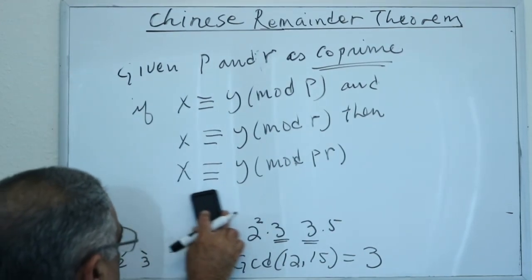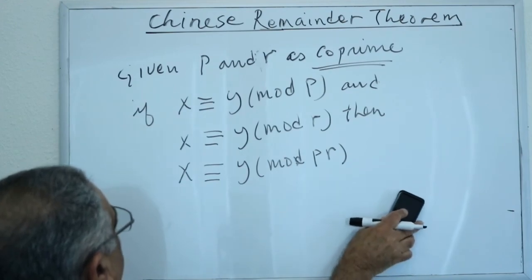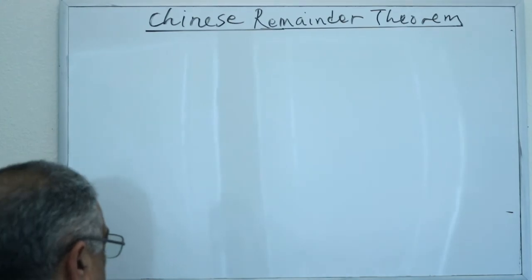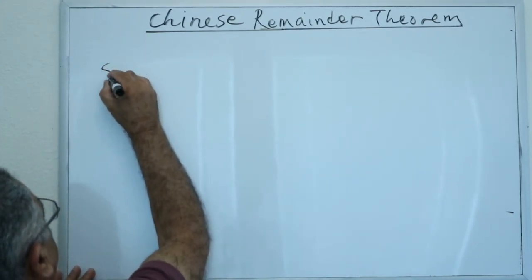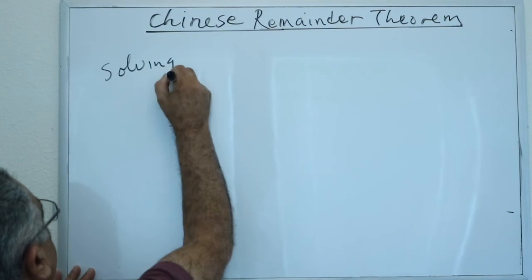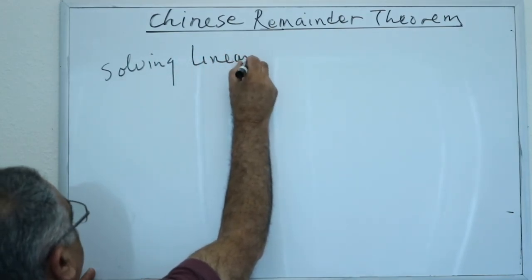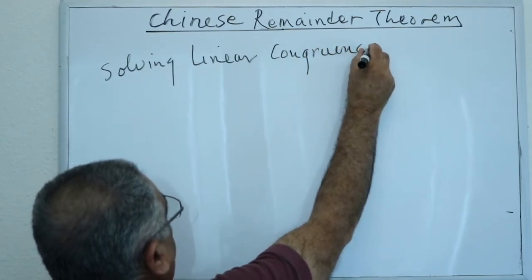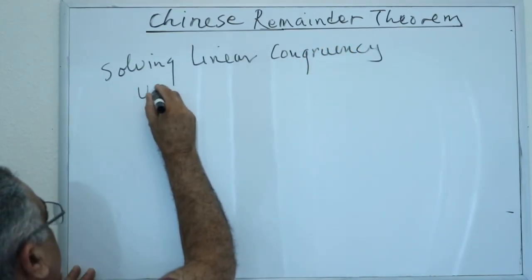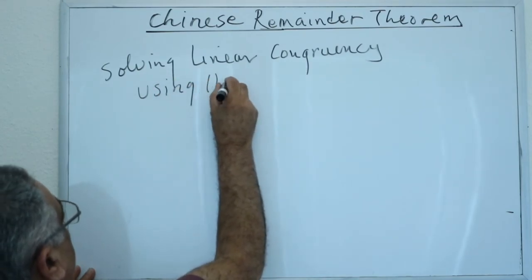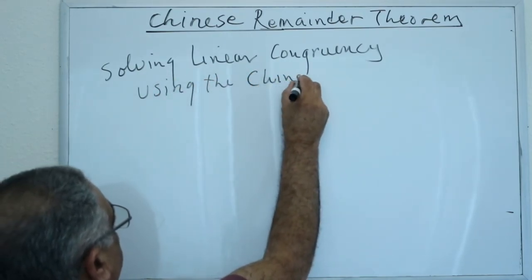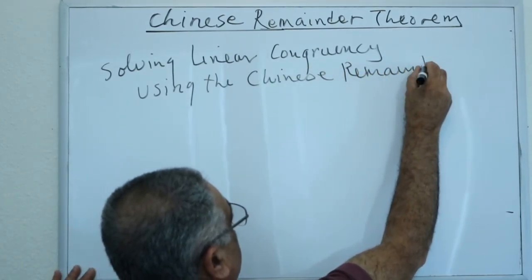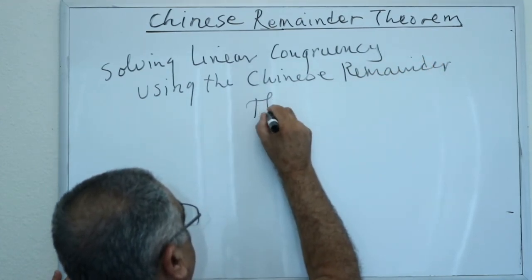So let's go ahead and actually do a problem. I'm going to rewrite this. Okay, they have to be co-prime. So I want to solve linear congruences using the Chinese remainder theorem.